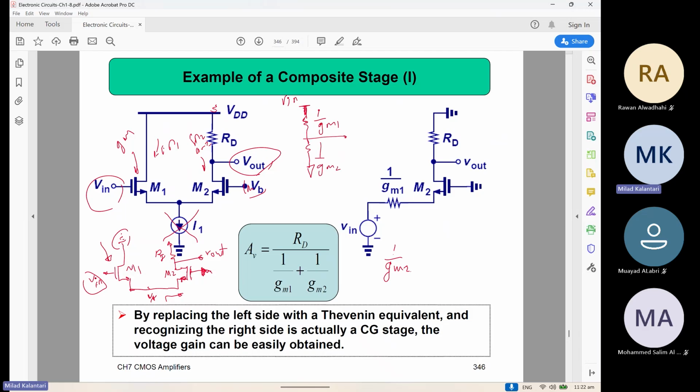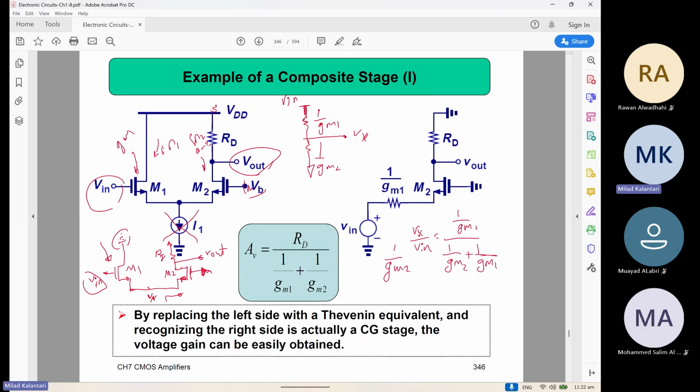Here would be the Vx. So Vx over V in is just this voltage divider, which is 1 over GM2 divided by 1 over GM2 plus 1 over GM1.